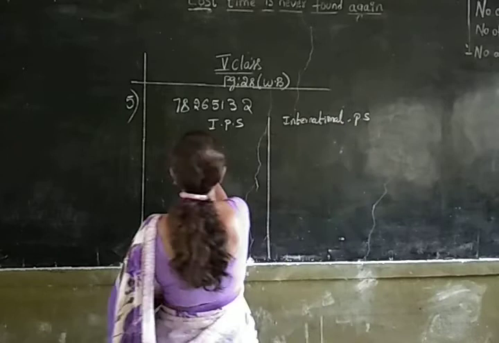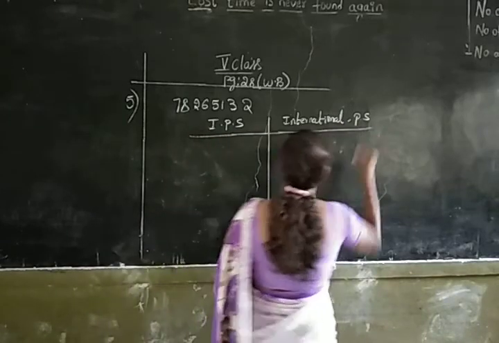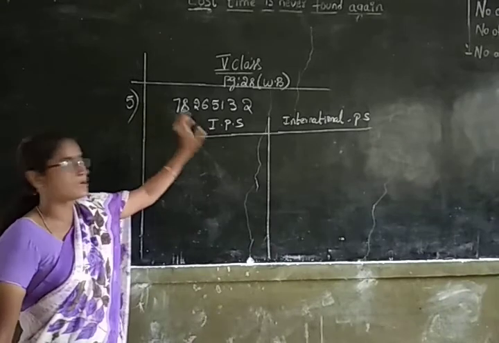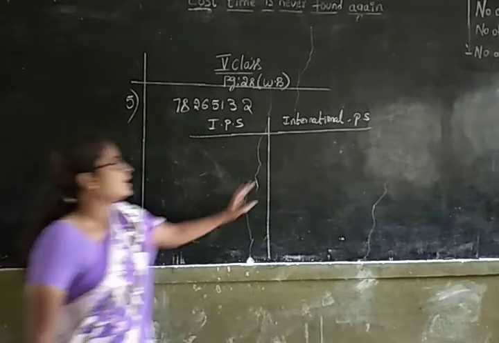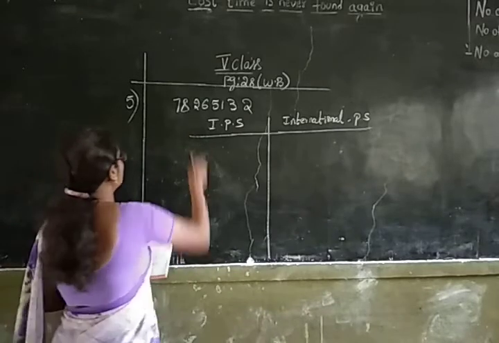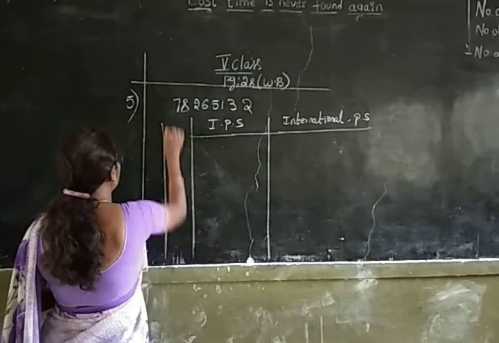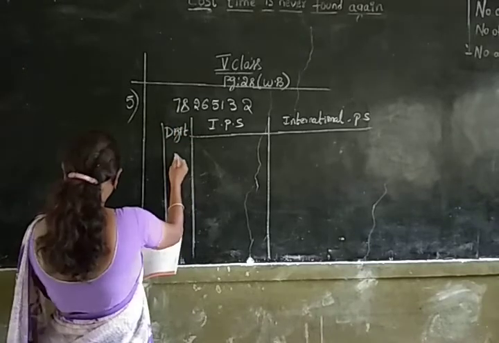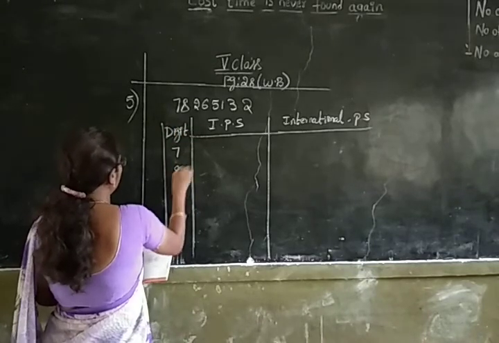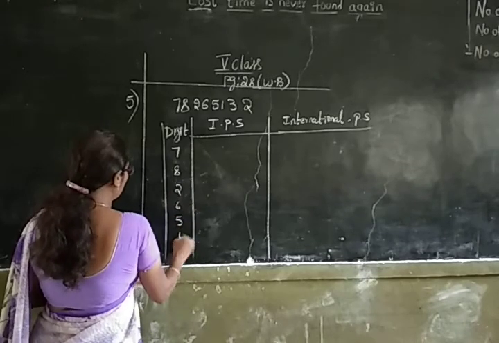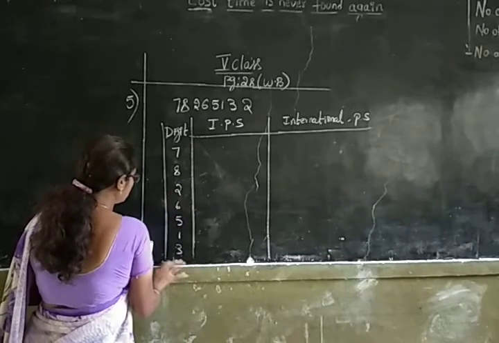You have to write down the places of each digit of the number according to the Indian place value system and also the international place value system. So here let us write down the digits. So the digits are 7, 8, 2, 6, 5, 1, 3, 2.